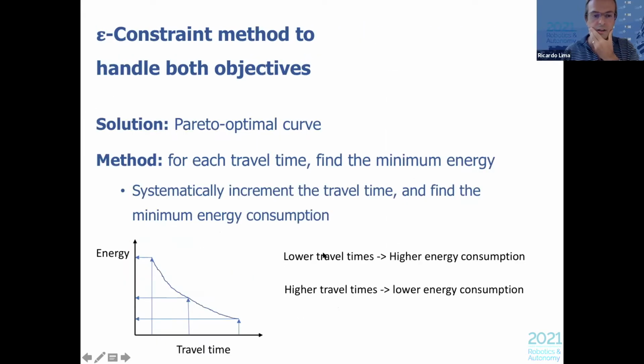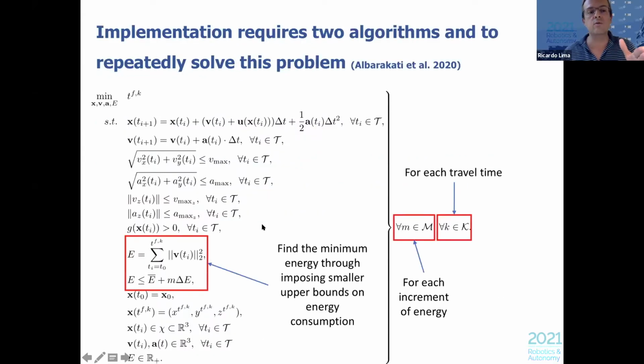So what we do is we increment the travel time systematically and find the minimum energy consumption. To do that, we have to solve a problem for each travel time, right? And for each travel time, we change the upper bound on the energy consumption, right?